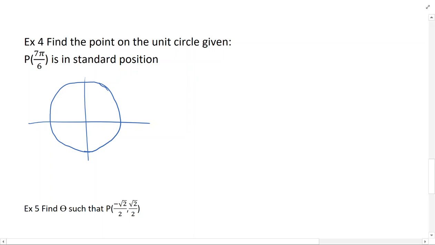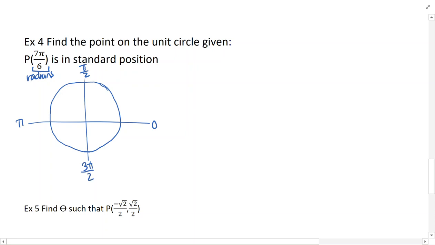So just to label the sides of our graph here, we're starting at 0 here. Since we're looking at 7 pi over 6, this is radians, so let's maintain it in radians. So up here, we basically have pi over 2. Here is pi and 3 pi over 2.